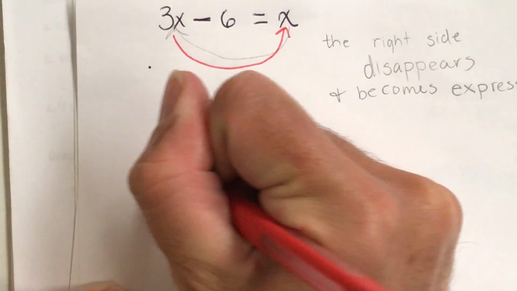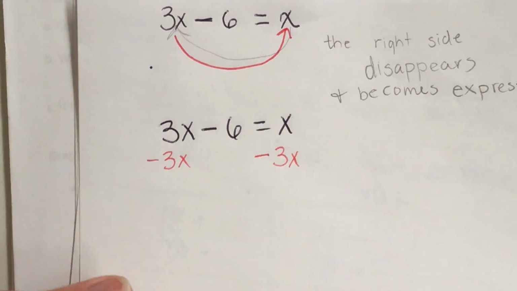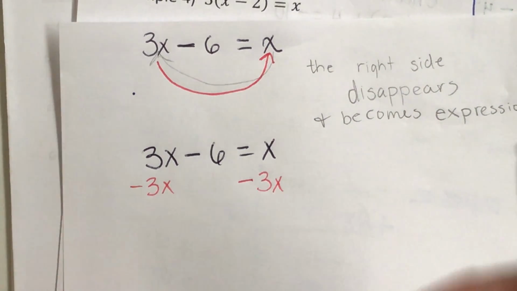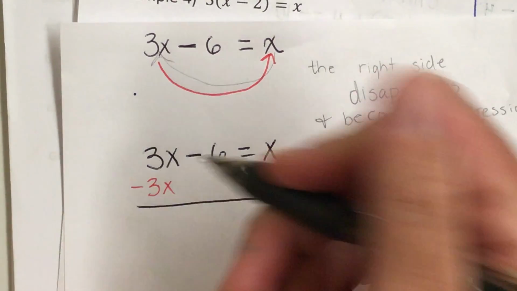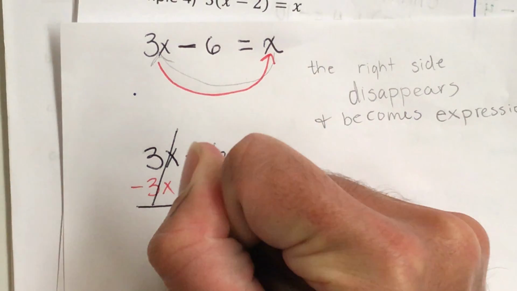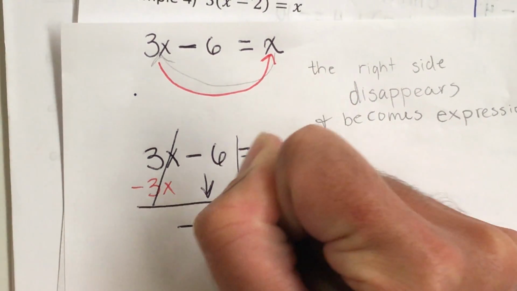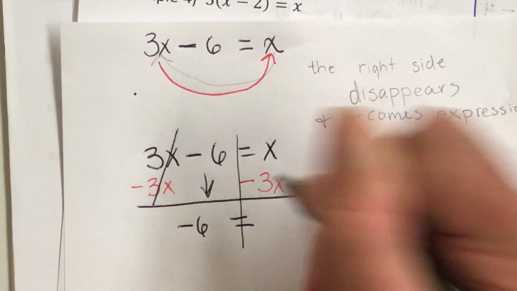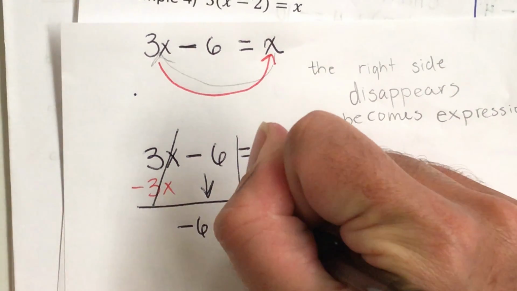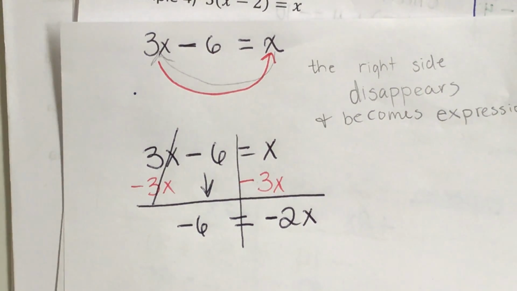I'm going to subtract the 3x from the x. Now I will have negatives, but that's okay. So that cancels out. Bring down your negative 6. Bring down your equals. X minus 3x is going to be negative 2x.